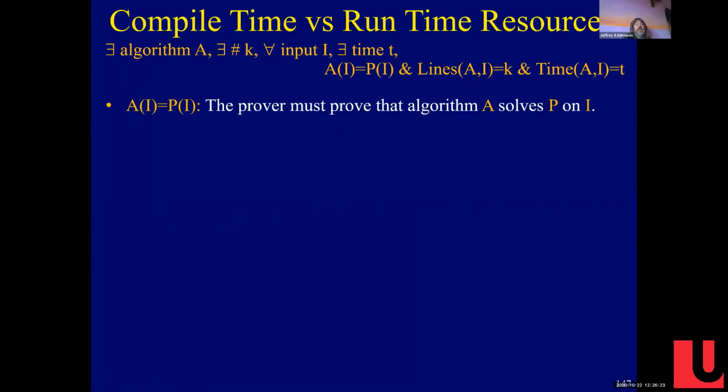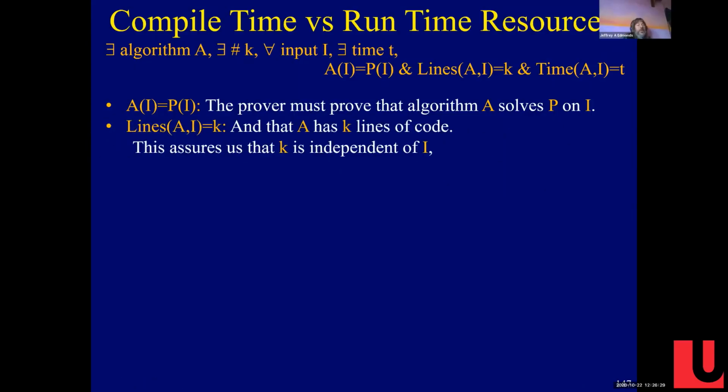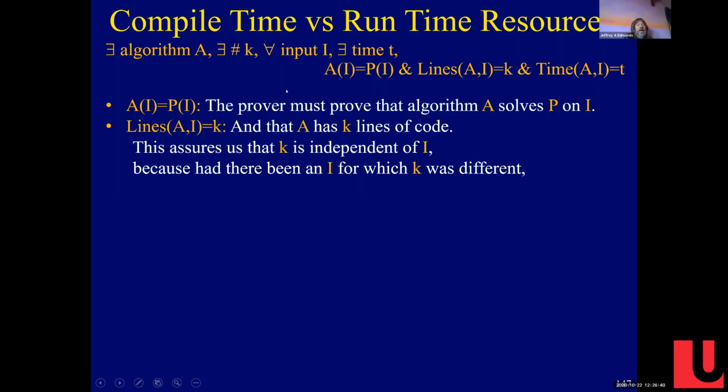All right, so when is it all true? It's true when the prover solves the problem and the algorithm has the right number of lines of code. And here, remember we said that the K doesn't depend on the input. I'm claiming that this here assures me that K doesn't depend on the input.